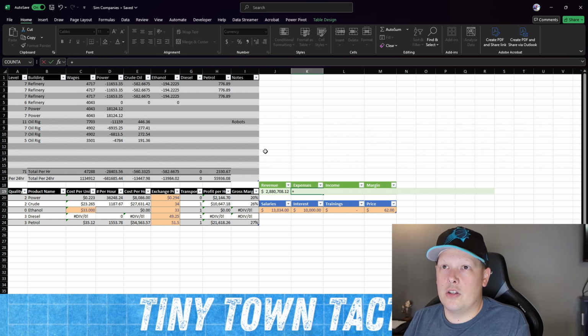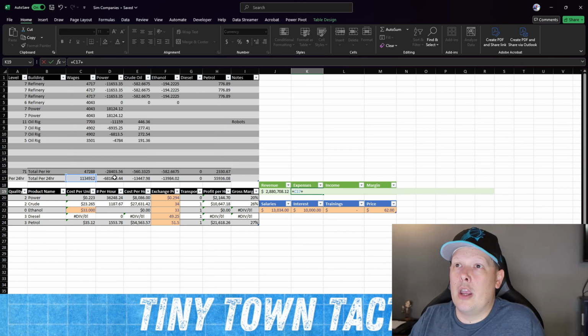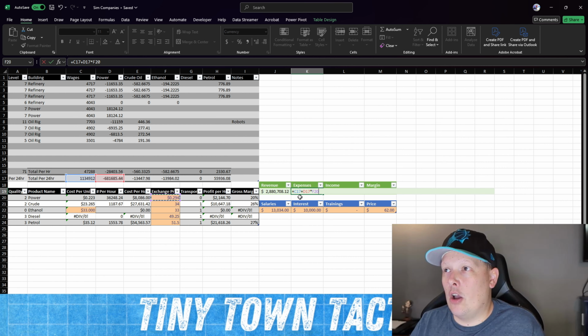And then your expenses are going to be all kinds of things. Like the wages are the biggest, but then maybe you're importing power. That's why I put the exchange rate here, so you can link these things to get all your expenses down and give you the best calculation.